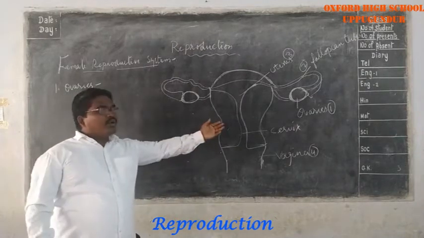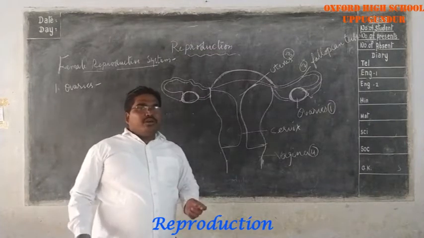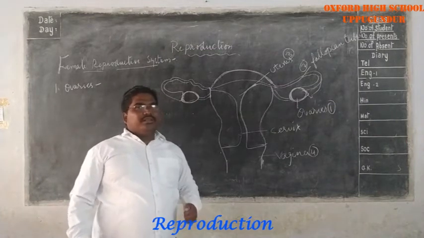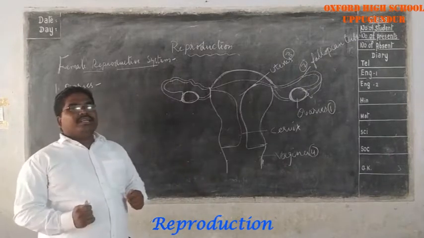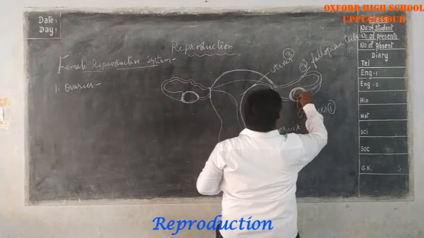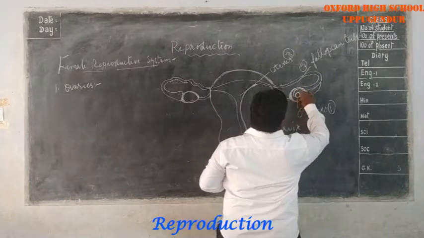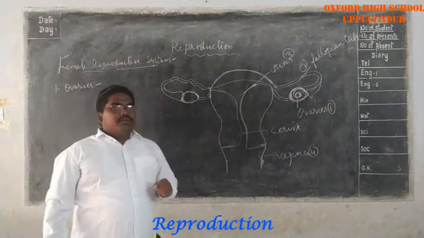The ovaries are located in the abdominal cavity, on both sides in the lumbar region. The ova develop in tiny cellular structures called follicles. Listen carefully.